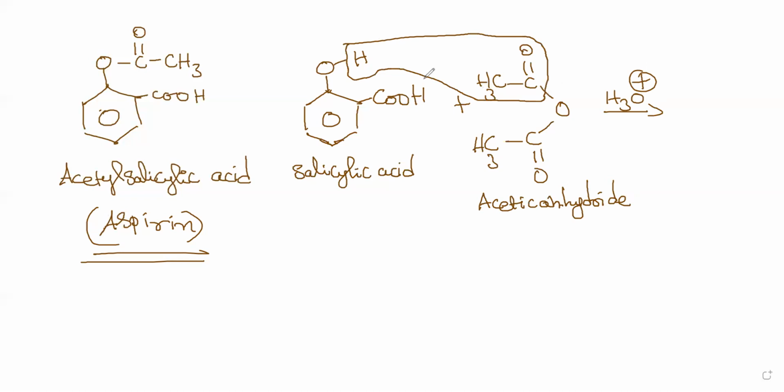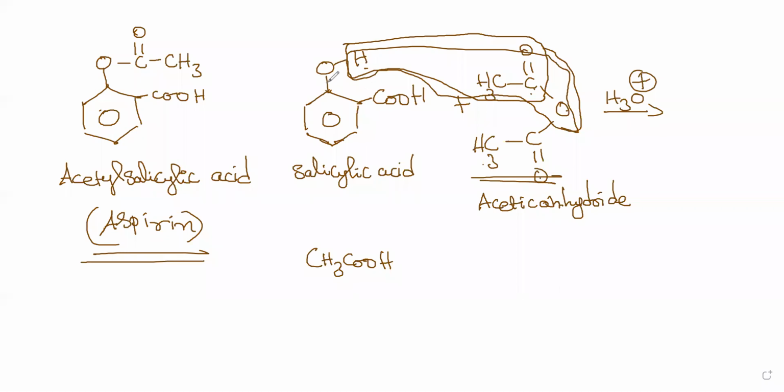This part will be removed, and the entire CH3CO group gets connected to oxygen. So what you get is CH3COOH. This entire thing is gone, and now this piece is getting connected here.